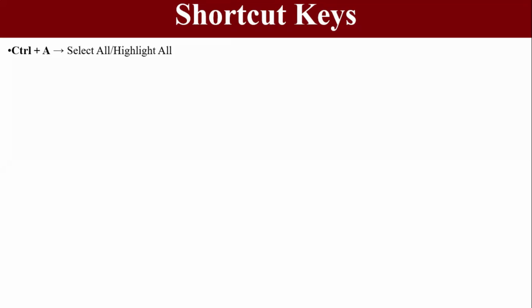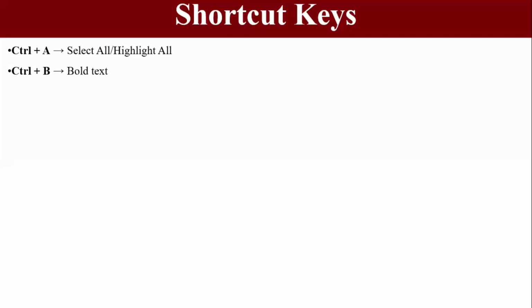For example, if you want to copy the whole report, press Ctrl plus A to highlight it. So it will highlight all the page. A means all. So Ctrl plus A means highlight or select all.